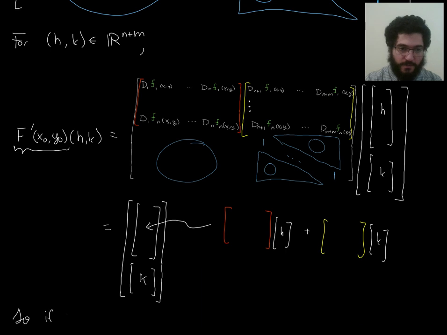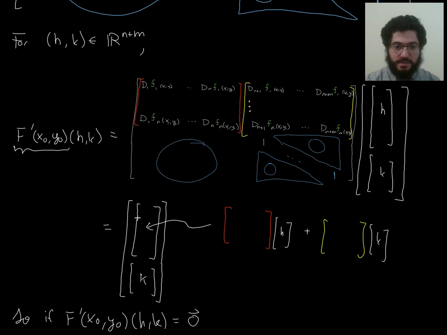So if this applied to h, k is the 0 vector, meaning 0 is all the way down here, so this comes out 0 and this comes out 0, then k is 0. k must be 0 because we got zeros all the way down here.